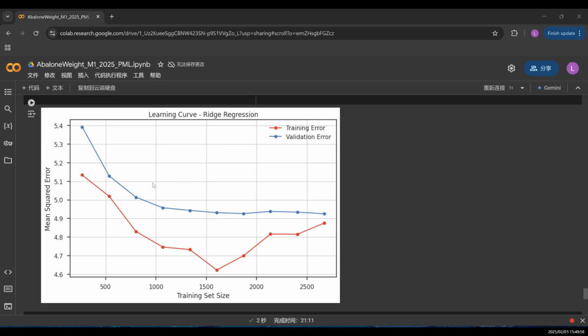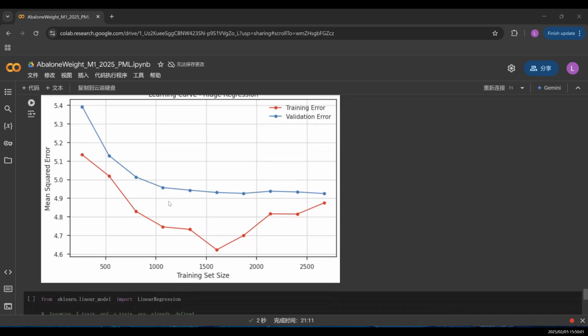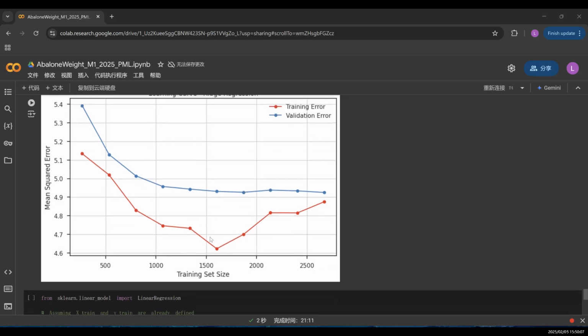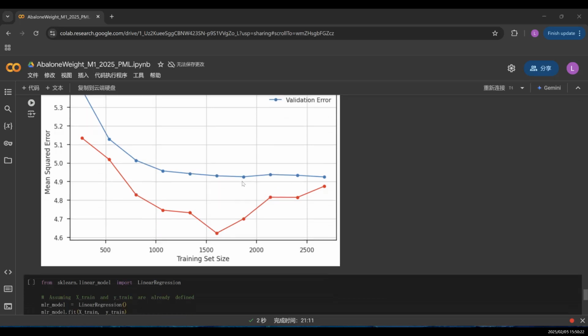This indicates that with more training data, the model better captures the underlying patterns, reducing bias. Around 2,000 training samples, the training error slightly increases. This is expected because the model learns a more generalized pattern rather than just memorizing smaller sample details.